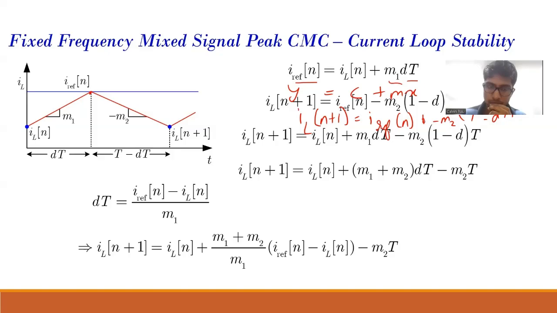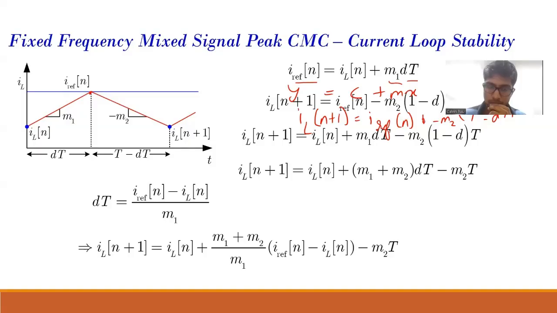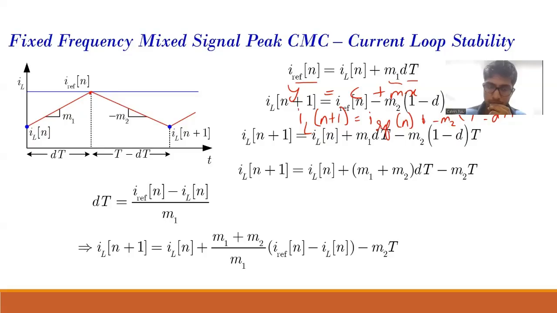In peak current mode control, this is my IL. This is my I reference. This goes to my reset switch, and this goes to my set switch, and this is my gate signal. My set signal comes at periodic events.